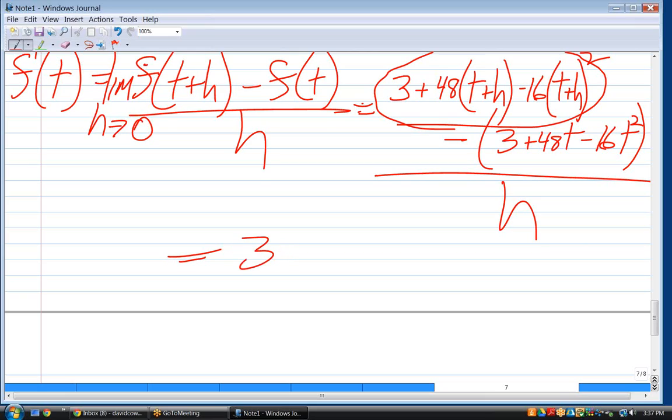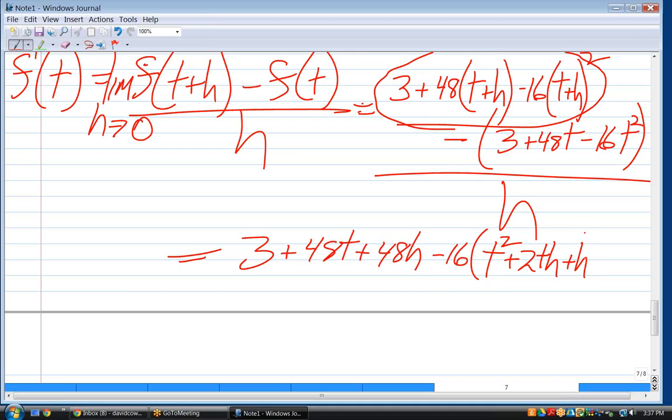Okay, so we get 3 plus 48t plus 48h minus 16, and we've got to square that t plus h squared: t squared plus 2th plus h squared.